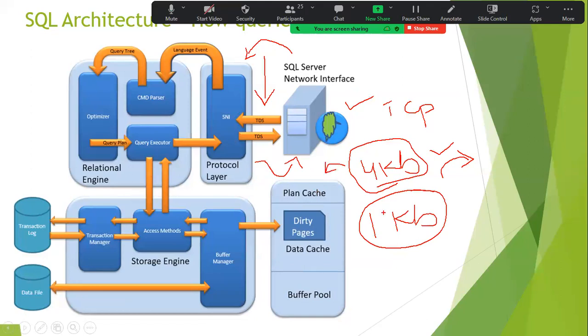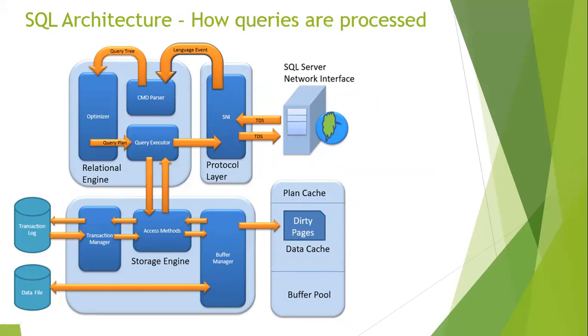One, the query you're executing is completed; in that case it will not validate whether the 4 KB packet is full or not, it will send to the source or destination. Or, if the query is large and does not fit into 4 KB, then once the 4 KB size is full, it will be sent to the destination. That is how it works.